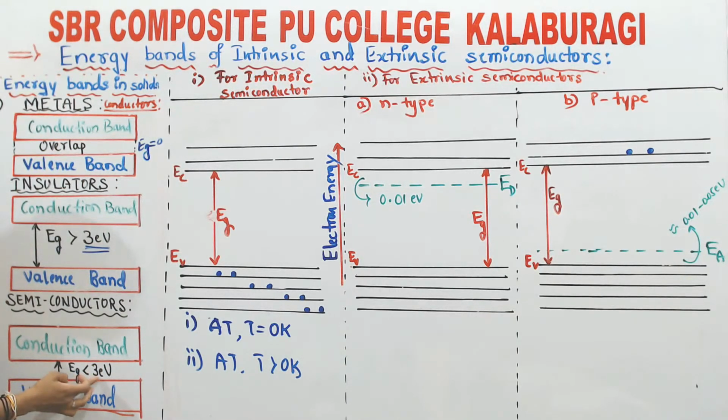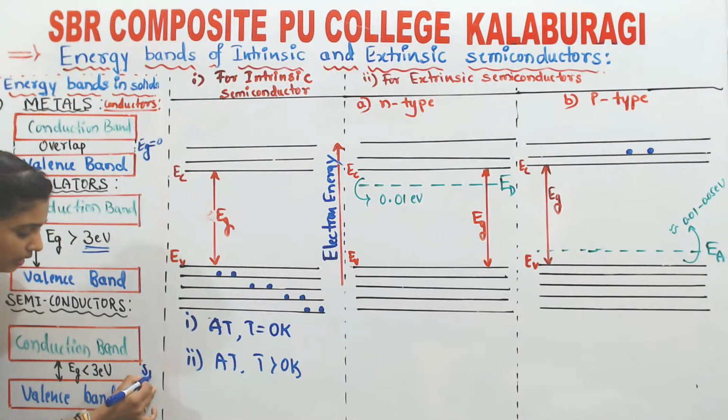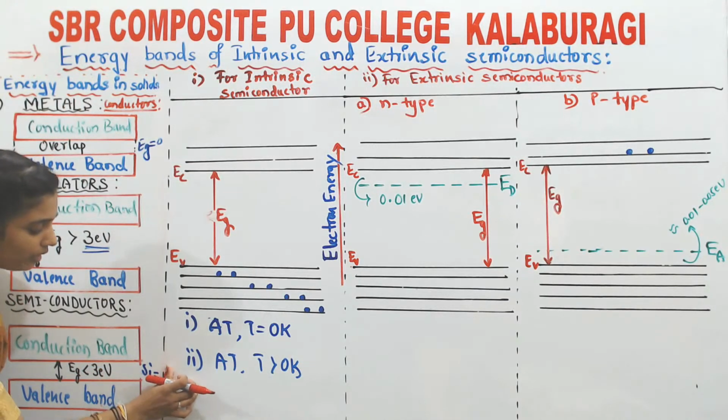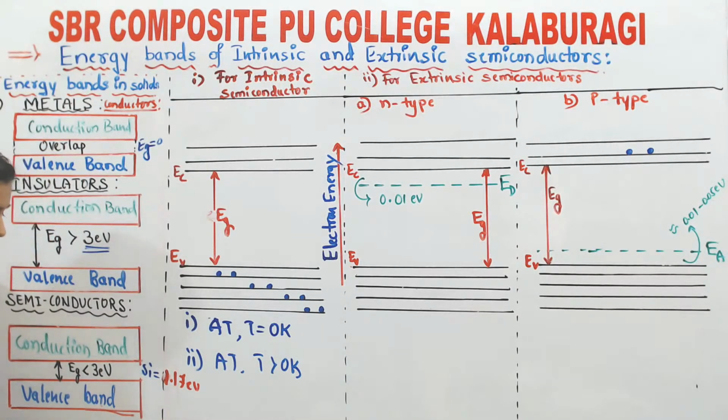If I go for silicon, the energy gap is 1.17 electron volt. And for germanium, as both are semiconductors, that's why I'm taking them as examples, it's 0.74 electron volt. You can see these two are less than 3 electron volt.